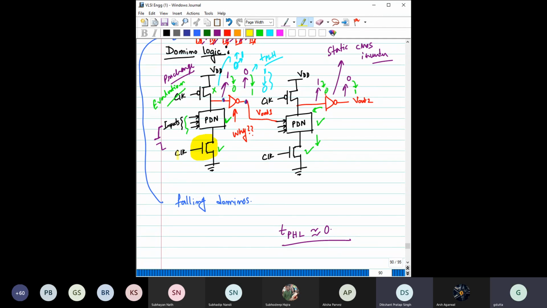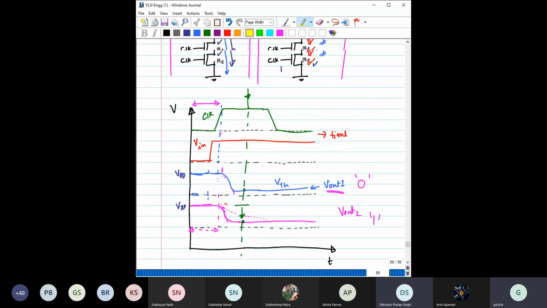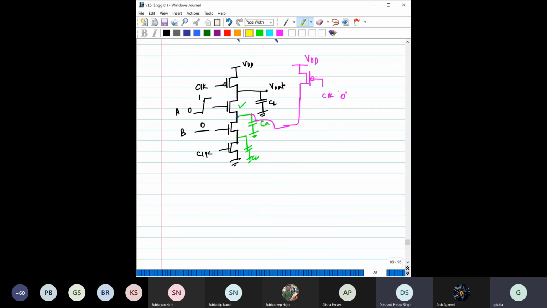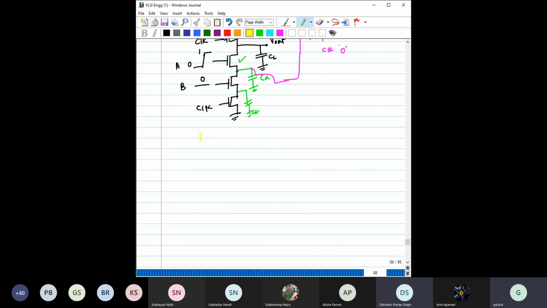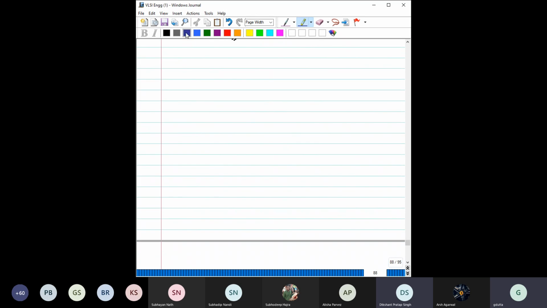What was the function of this NMOS? What was the function of this NMOS in dynamic logic? It seems you are forgetting many things. What is the function of this NMOS in dynamic logic?